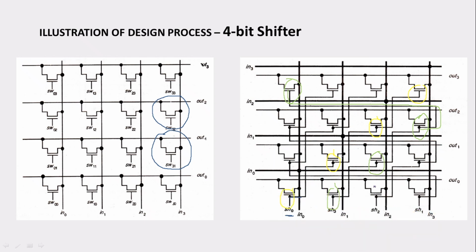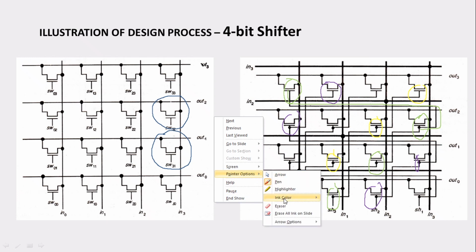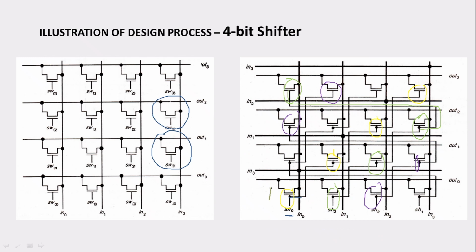If you look at this, it has been connected like this, and then gone like this, and then like this. Okay, now if you look at this, it is just like a staircase that we can have over here.